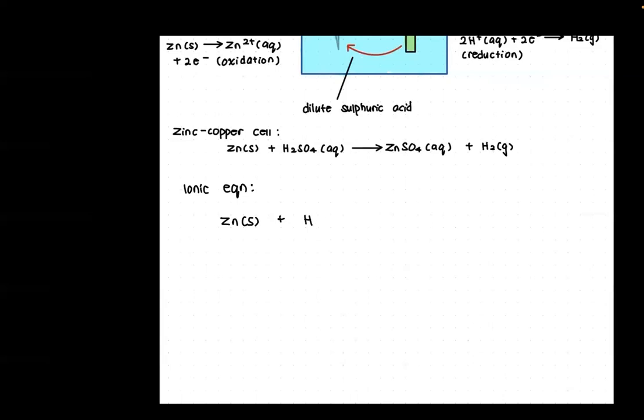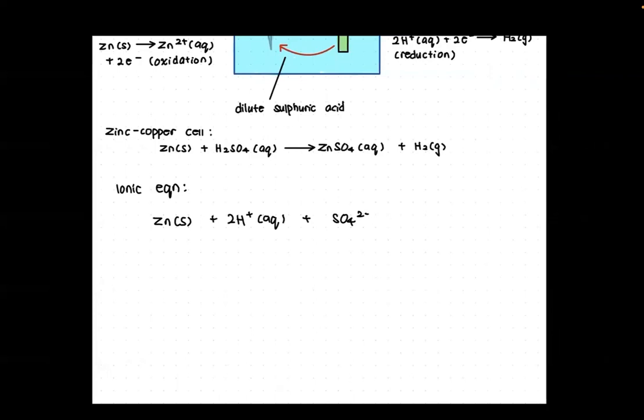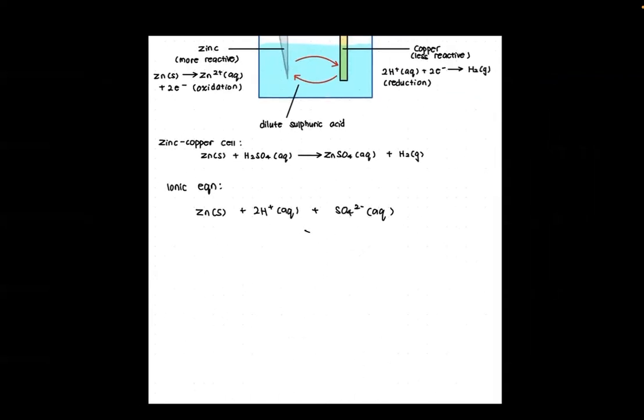So your H+ (aq), as well as your SO4 2- (aq), your Zn2+ (aq), and your SO4 2- (aq). And your H2 is just gas, so we do not separate it.